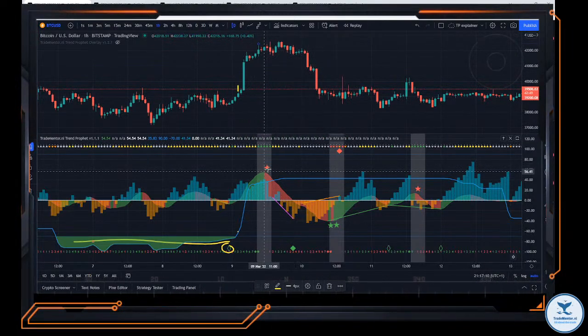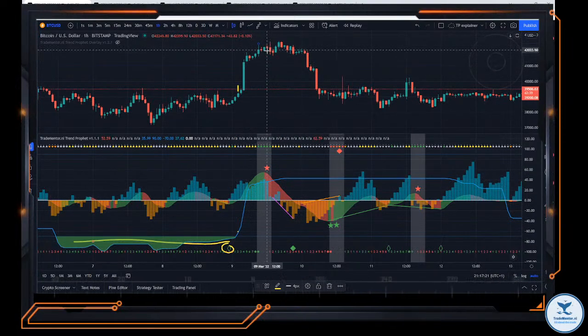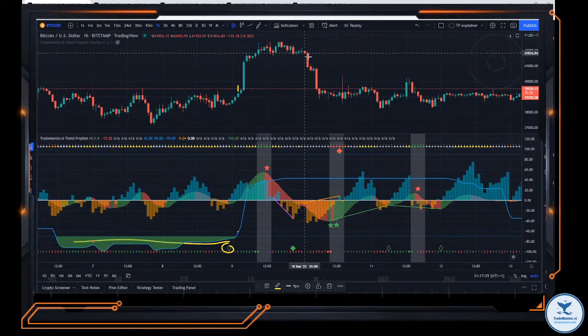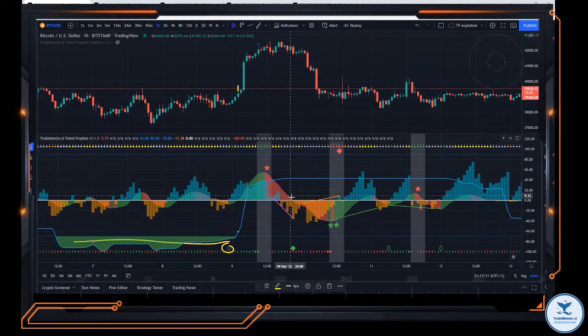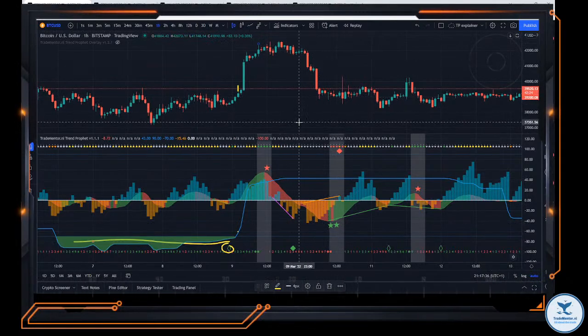But in this potential reverse zone, we did see trend momentum reversing very nicely. So buying cycle completed. We're going into a bit of a choppy period. Trend momentum inside the potential reverse zone is triggered. We do have some more choppy sideways, but in the end trend momentum just kept dropping and dropping and dropping, and the price was following perfectly.